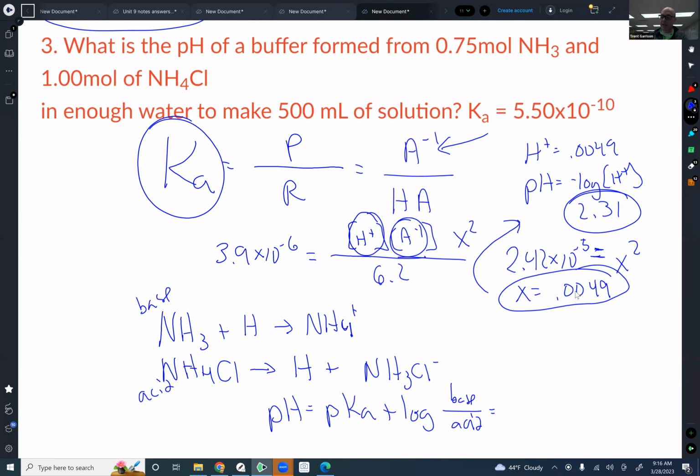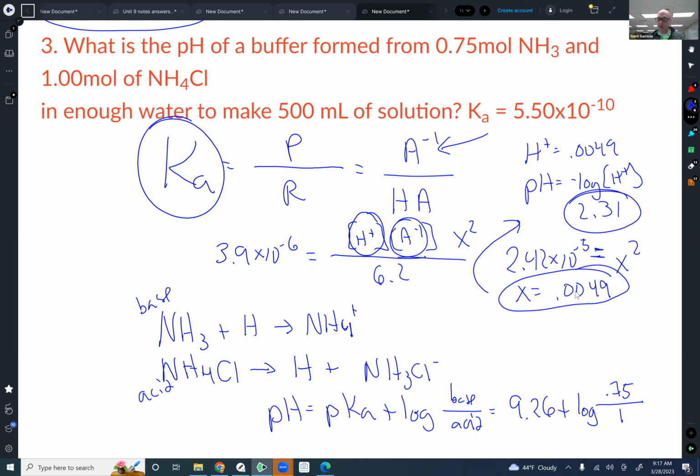I'm going to do now the power of that. So I've got to do the negative log of that value. And that's going to give me 9.26 plus the log of the base value, which is the NH3 0.75 over 1.